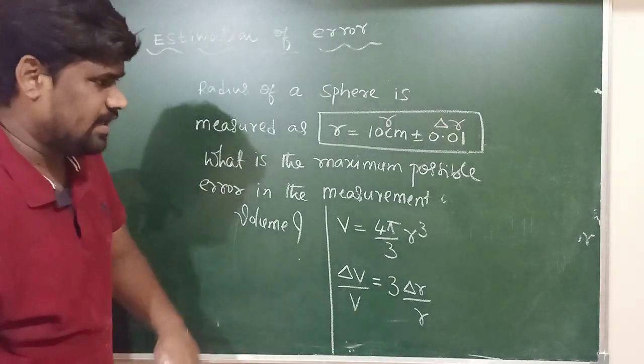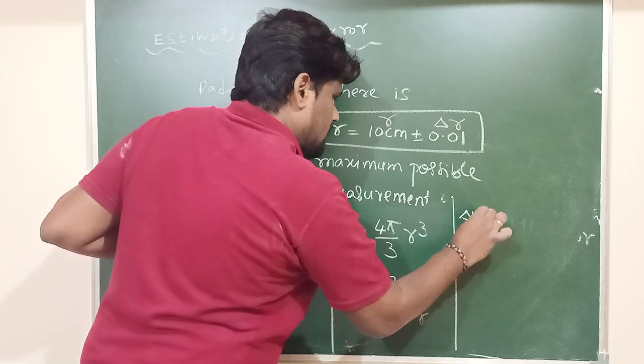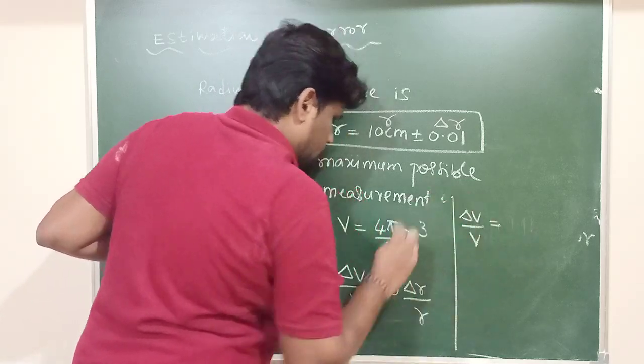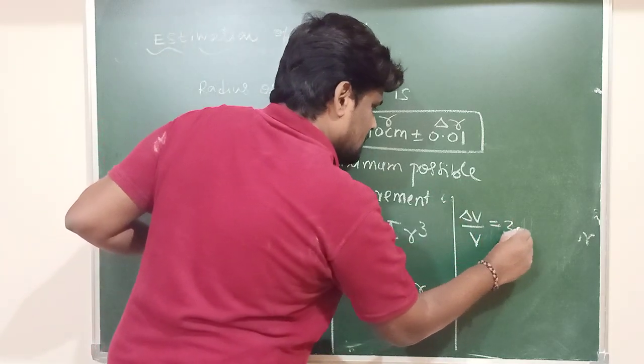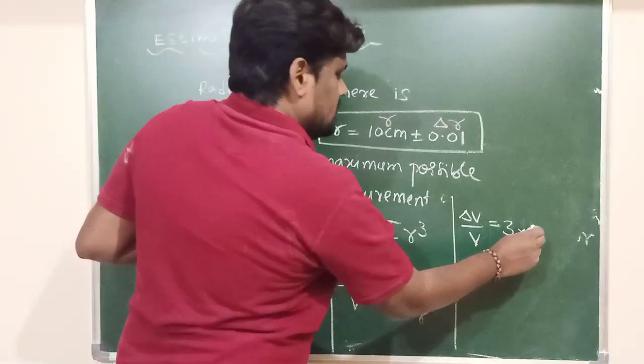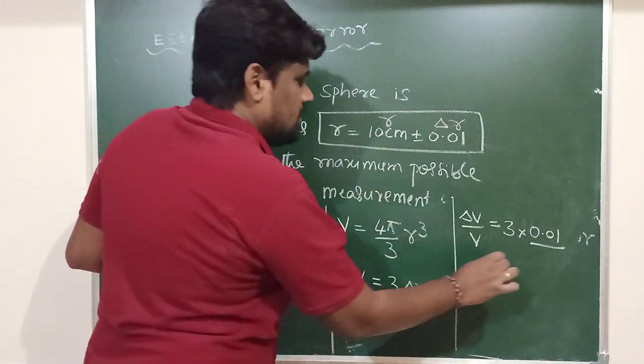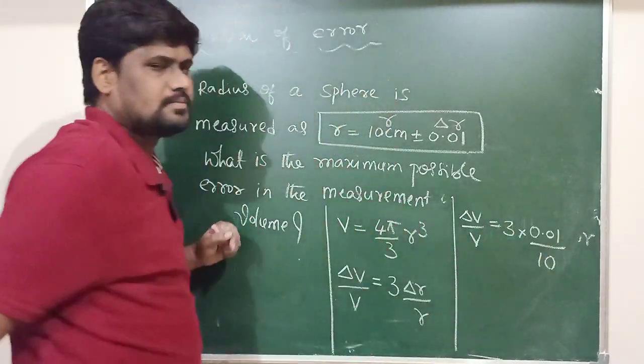Therefore, what is the error in the volume? Delta V by V is equal to 3 times delta r by r, which is 0.01 divided by r, that is 10.